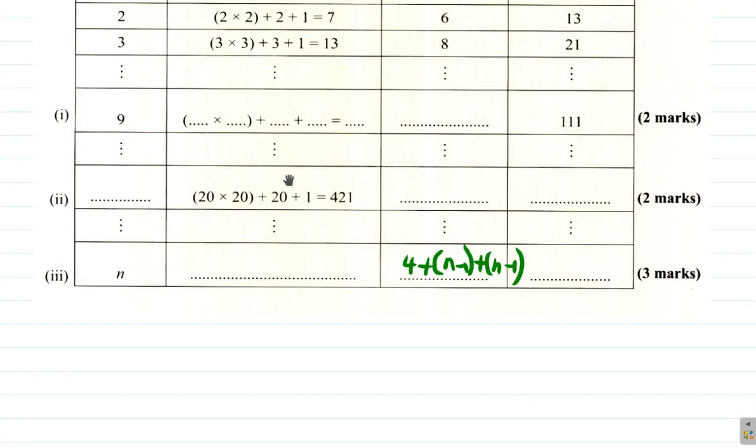Now, I should be able to simplify this. This is 4 plus. Let's remove a bracket. N minus 1 plus n minus 1. It wouldn't make a difference if we put the brackets or remove them, because nothing in the bracket would change. Let's see if we can simplify this. This is 4 plus n minus 1 minus 1.